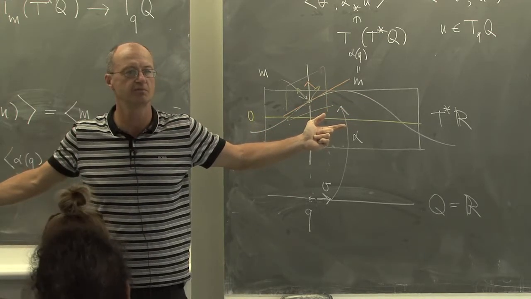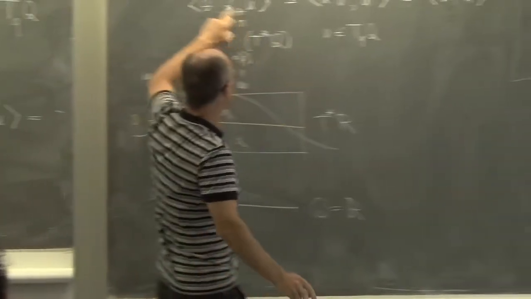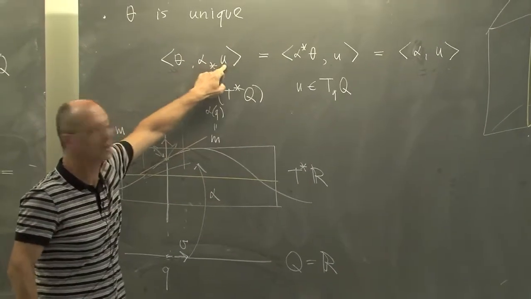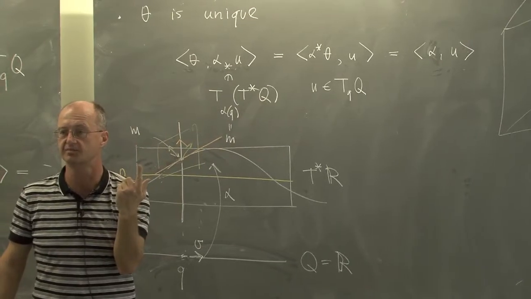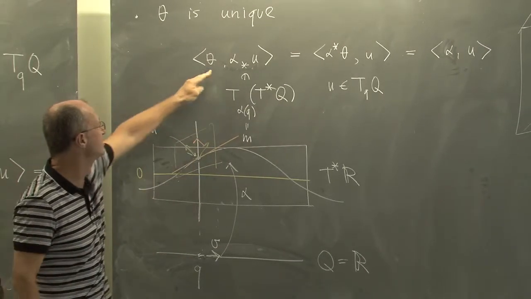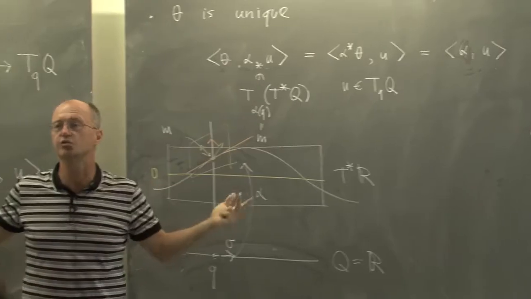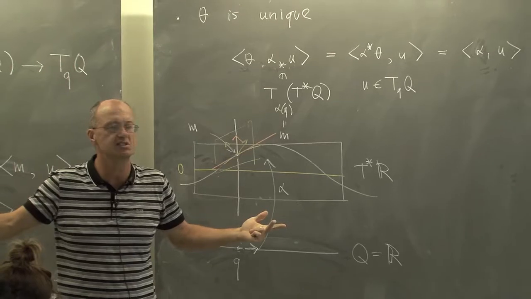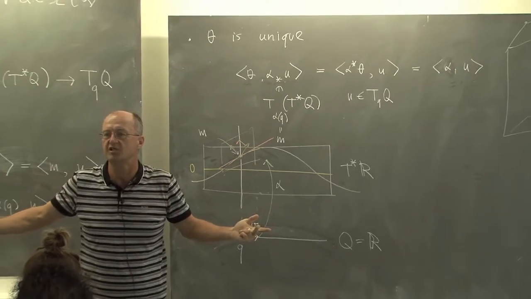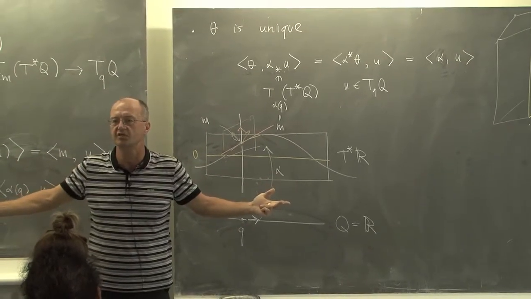Can we agree on that? So these are all the vectors but the vertical vectors. But this means that since theta is a smooth linear form, if you define it on an open dense subset, then it's defined everywhere.